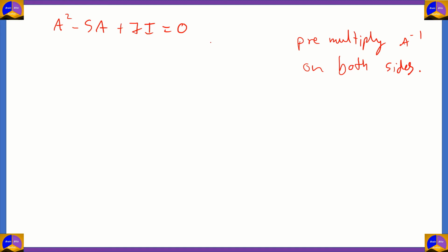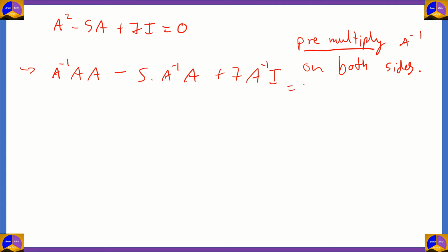On the right hand side, if you multiply anything by 0, you still get 0, so that is not a problem. But on the left hand side, since we use the term pre-multiply, that means A inverse always comes first in the matrices. A inverse times A squared minus 5 times A inverse times A plus 7 times A inverse times I is equal to 0. A inverse times A, the multiplication of A and its inverse, gives you I. That's the same case here.